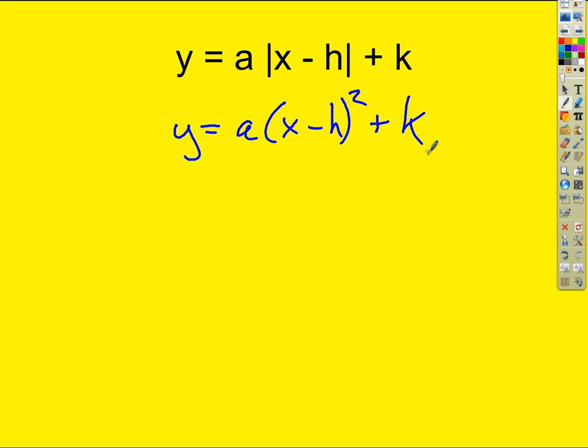That's in the future, and you don't need to know that now, but you see the parallels. They're almost the same. The meanings of the a, h, and k that we're going to discuss are almost exactly the same for a parabola as they are for an absolute value function. So learning this now pays lots of dividends later. So this is vertex form.